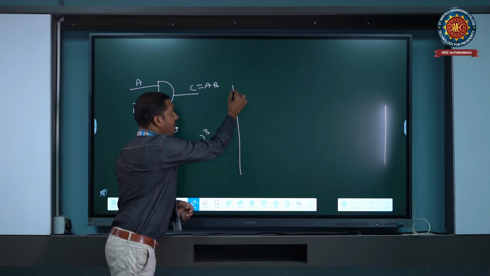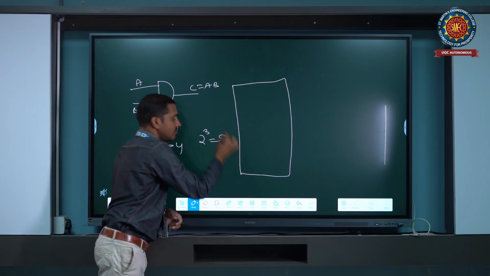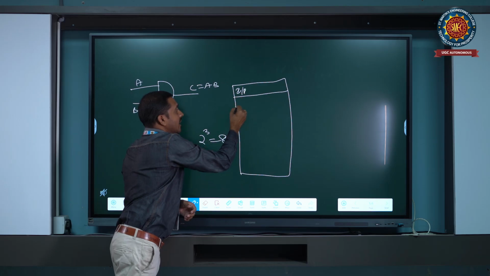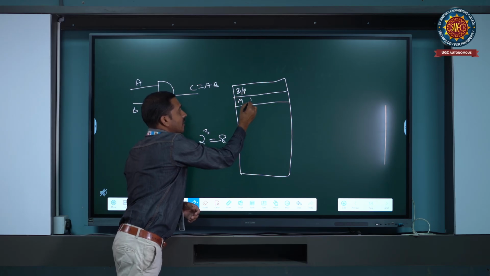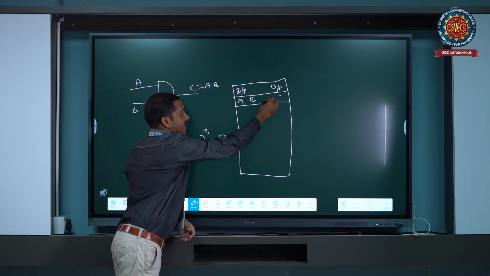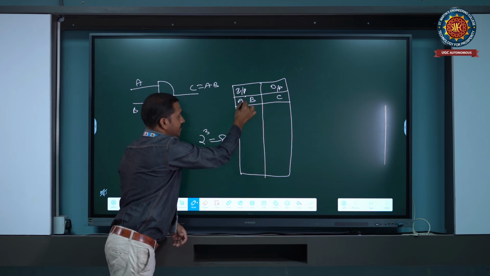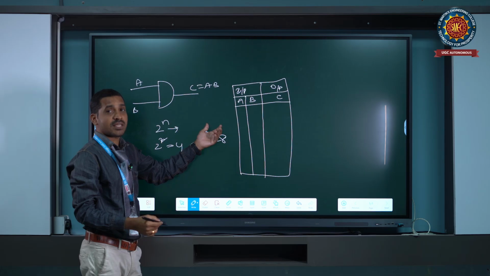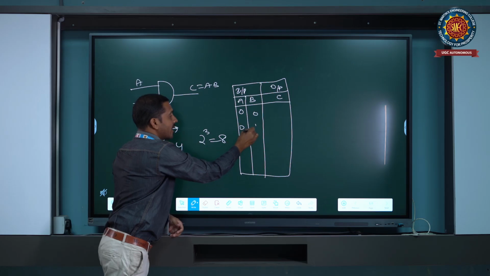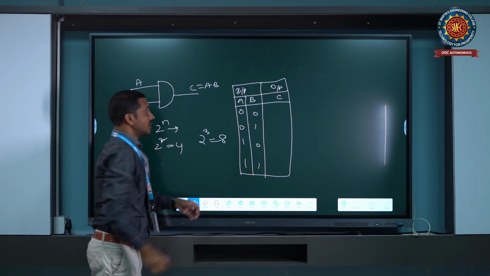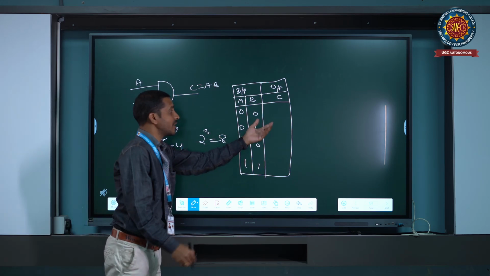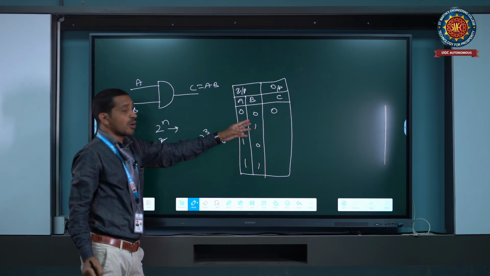Now the truth table of the AND gate. Taking inputs A and B and output C, the four combinations of two inputs are 0 0, 0 1, 1 0 and 1 1. This is basic multiplication. For inputs 0 0, 0 into 0 equals 0, so the output is 0.